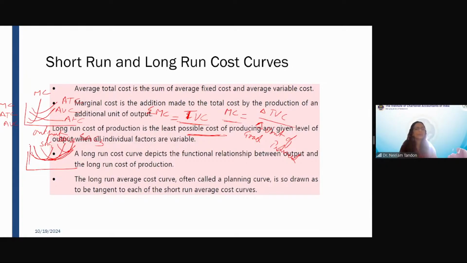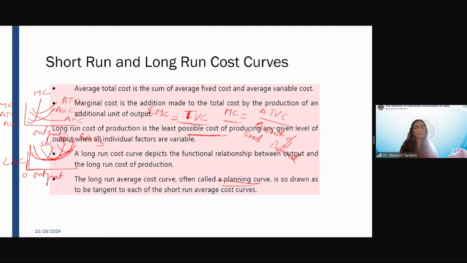So this is long-term average cost curve, and this is output. Functional relationship between output and the long run average curve is also called planning curve. Why is it called planning curve? Because these are short-term plans which result in long-term planning to minimize the cost and produce more.